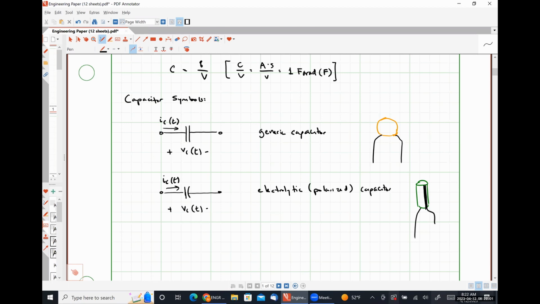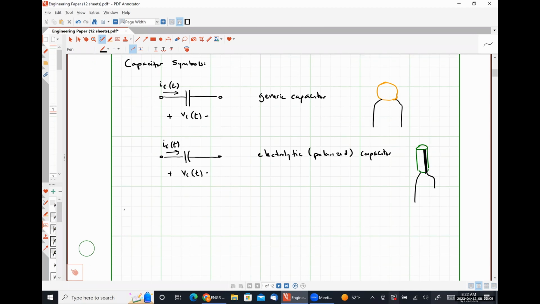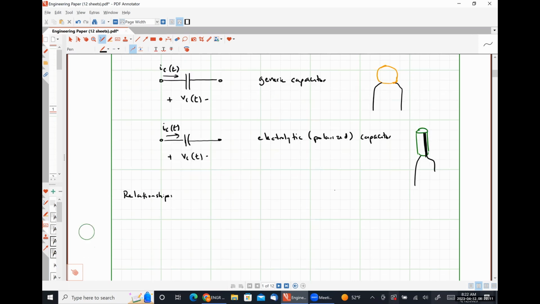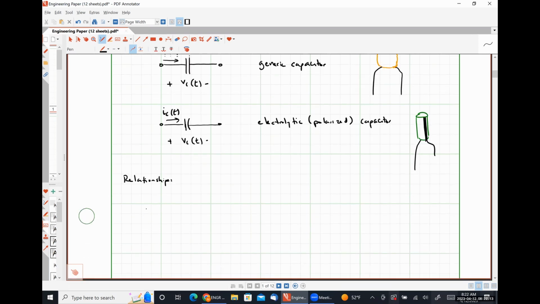Now let's talk about our current voltage relationships, right? So we know from literally the second day of class that current is simply the derivative of charge with respect to time.